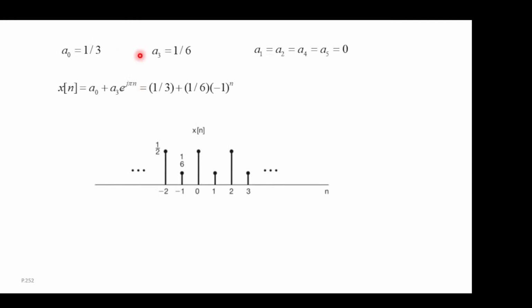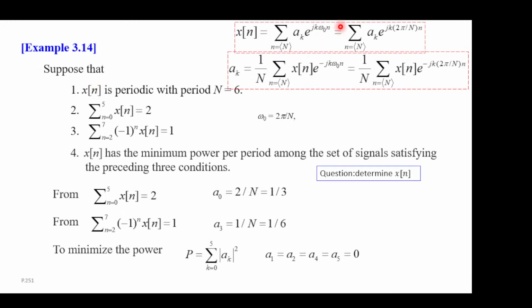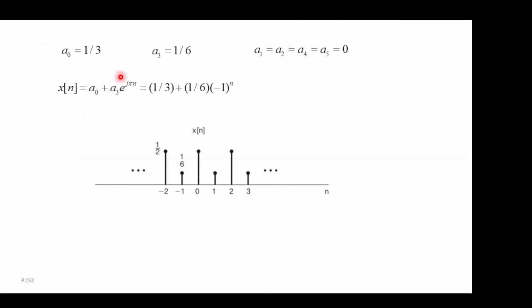We have a0 here and a3 here, and your xn will be a0, which is a constant term, plus a3, which is the highest frequency term, times e to the j pi n. So it's 1 over 3 plus 1 over 6 times this -1 to the n, and we are plotting it here. It's period 6. Okay, any question?